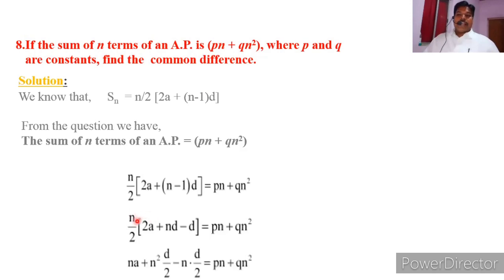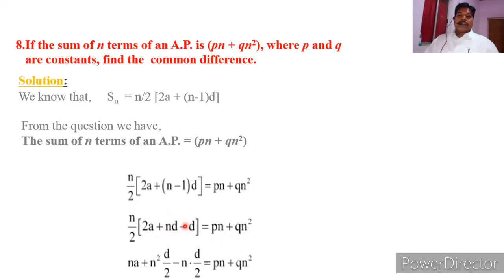Then n by 2 into nd, so n into n is n square into d by 2. Then n by 2 into minus d is nothing but n into d by 2. That is equal to Pn plus Qn square. I am just simplifying the equation.